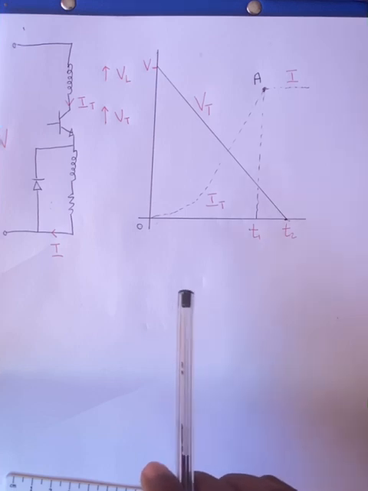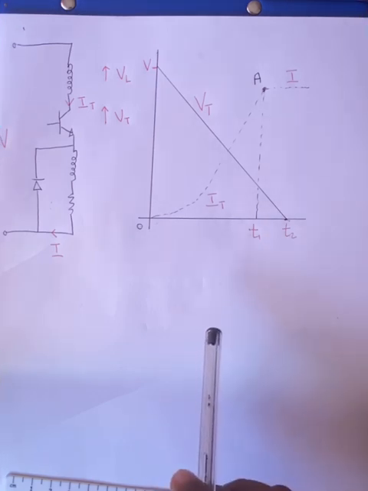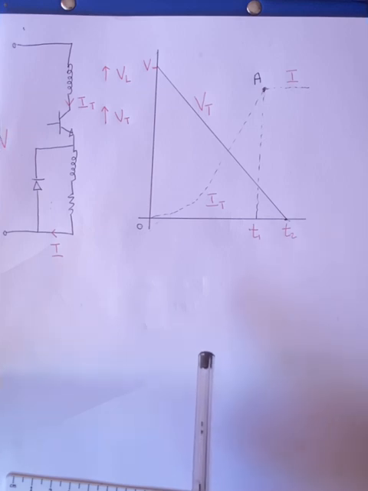This is important because the flywheel diode will switch off when the current through it has been reduced to 0. I repeat, the flywheel diode is on, so it will switch off. When will it switch off? When the current through it has been reduced to 0. In what instance will this be true?